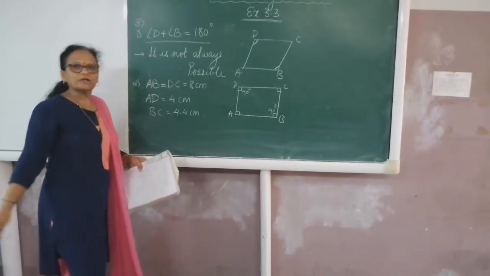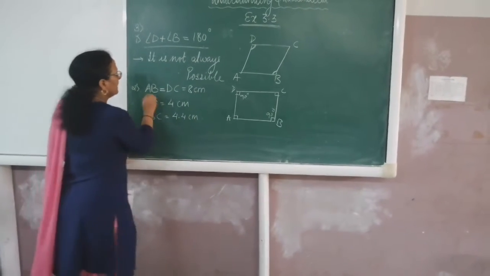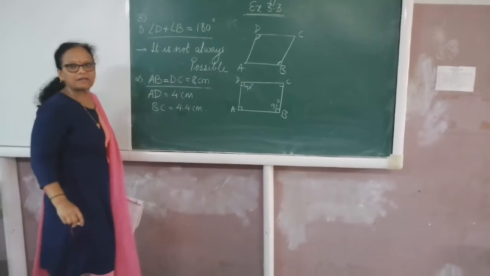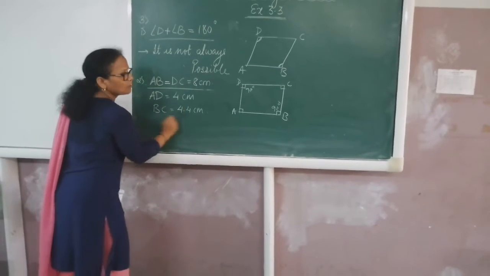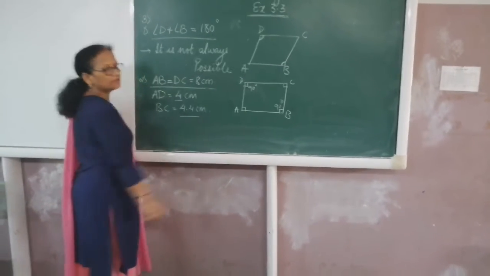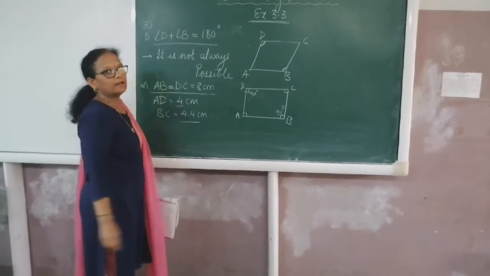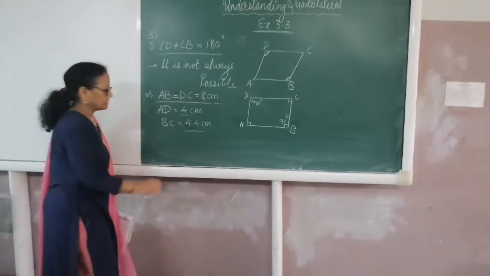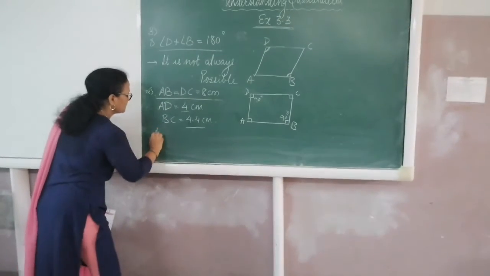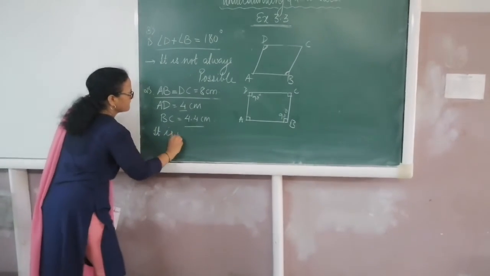Here if you draw the diagram, then you will come to know that even though these two sides are equal, these two sides are not equal. One is 4 and another one is 4.4. And that's why it is not possible that it is a parallelogram. So it is not possible.